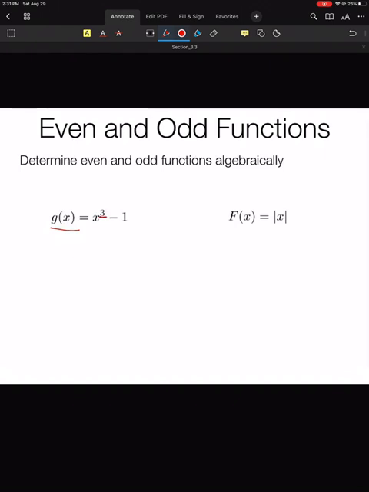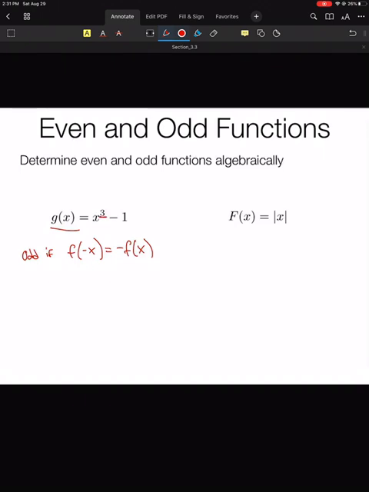So let's start and check if this is an odd function. What that thing at the beginning said is a function is odd if f of negative x is equal to negative f of x.